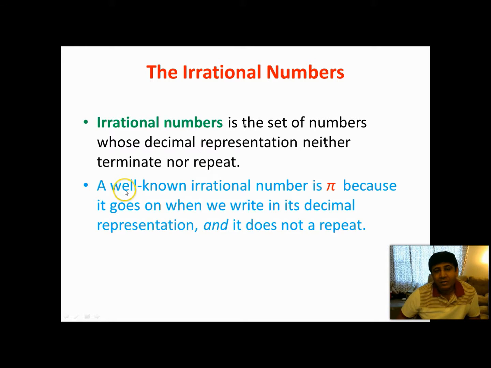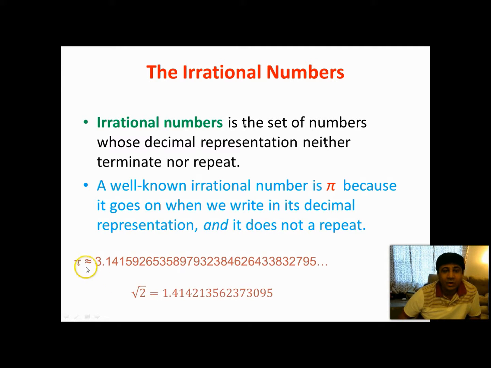Now, a very famous irrational number is pi. If you write it as a ratio of two numbers, it's 22/7 or other things, but we call it pi because the numerical value of pi in decimals goes on when we write it in decimal places. It does not repeat and it does not end.